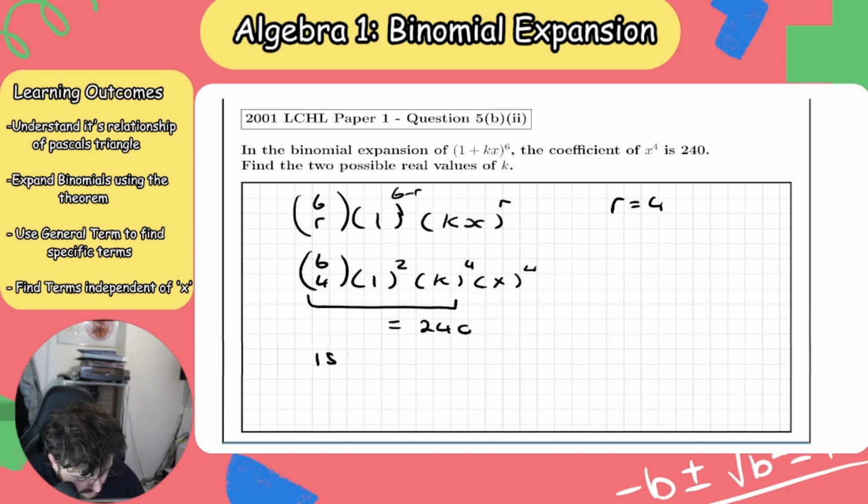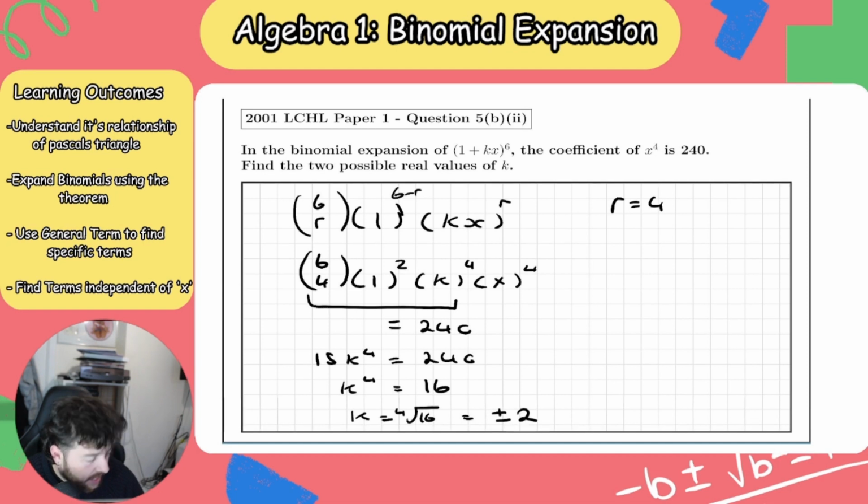So I know 15k to the power of 4 is going to be equal to 240. 240 divided by 15 is equal to 16. So k to the power of 4 is equal to 16. So the fourth root of 16 is going to be equal to plus or minus 2.